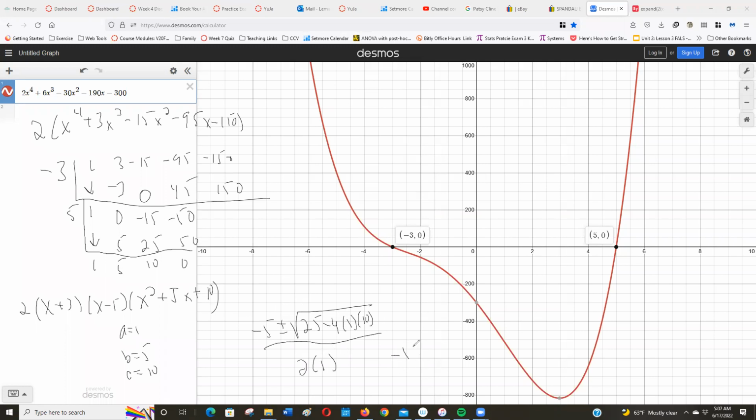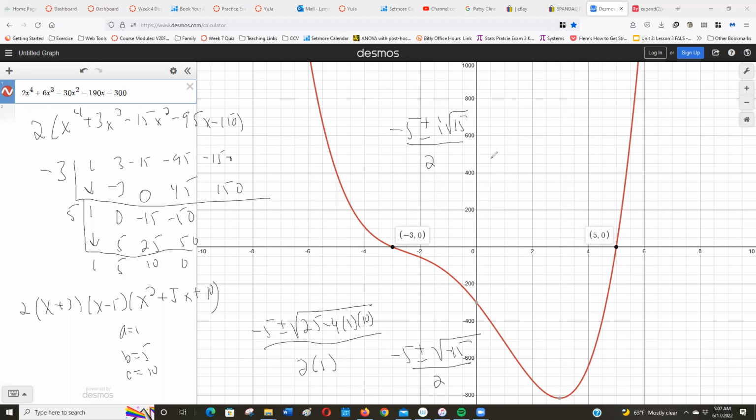So we get -5 plus or minus the square root of, let's see, 4 times 1 times 10 is 40. 25 minus 40 is -15, over 2. And the factors of 15 are 3 and 5, so we can't do much with that. I have the negative, so I'm going to bring that out as an i. So -5 plus or minus i square root of 15 all over 2.